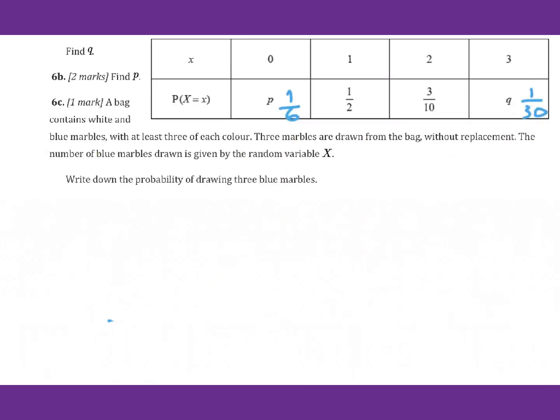Let's go to 6C. A bag contains white and blue marbles with at least 3 of each color. 3 marbles are drawn from the bag without replacement. The number of blue marbles drawn is given by the random variable x. Write down the probability of drawing 3 blue marbles. According to the given information, this x means the number of blue marbles.